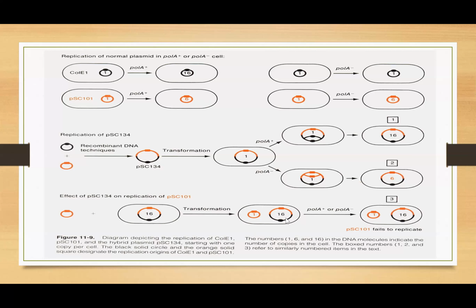Because the cell already has 16 copies of the plasmid, which is making a very high level of replication repressor, and because of that, this plasmid is not able to replicate.